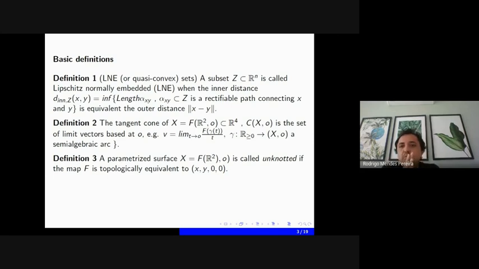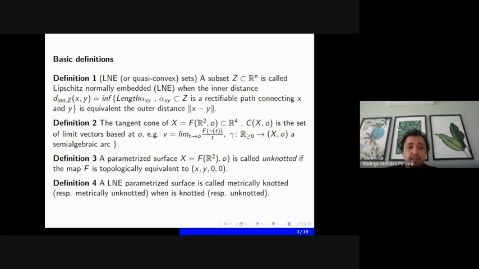And then definition 3 is for a parameterized surface. We call this unknotted if the map is topologically equivalent to the map (x, y, 0, 0). That's the simplest case of a surface, when the link is just S^1 given by the intersection with a plane. And topological equivalence means equivalence up to a topological change of coordinates in this parameterization.